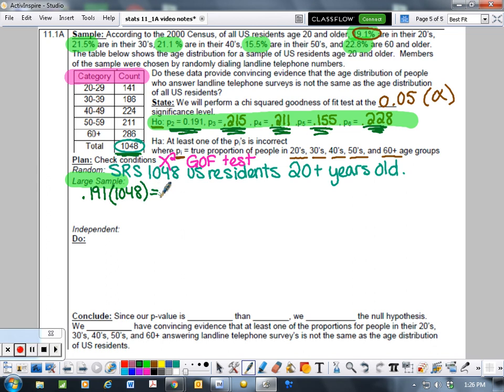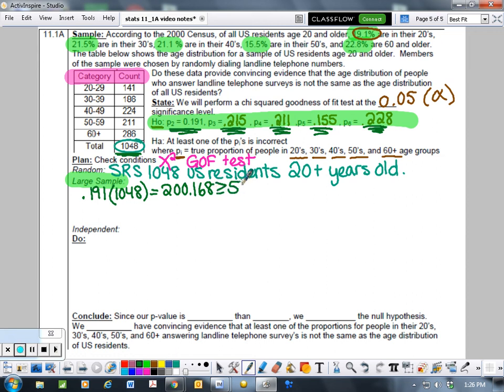And that'll tell me how many I expect to be in their 20s. So when I calculate that, I'm going to find that I expect 200.168 people. And again, it's okay if it's decimals, because this is just an expected value based on the percentage. And I just have to check, is that greater than or equal to 5?